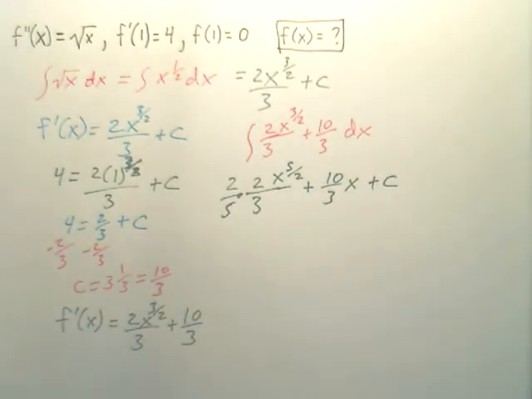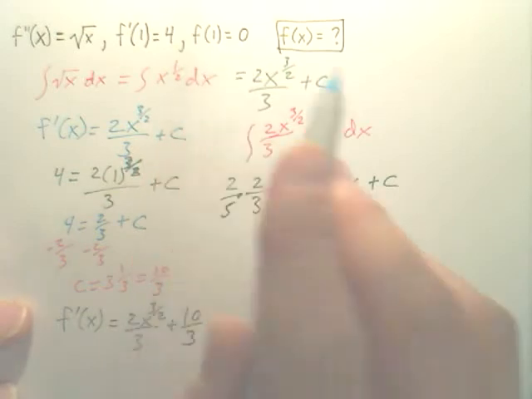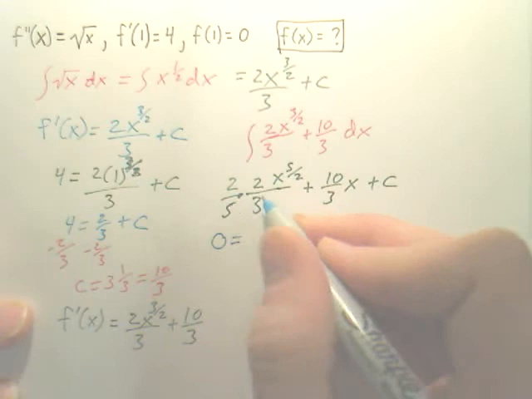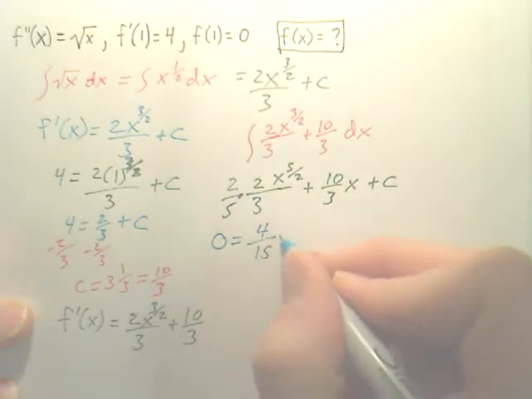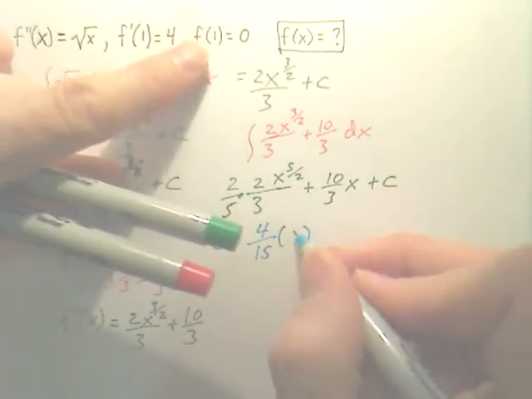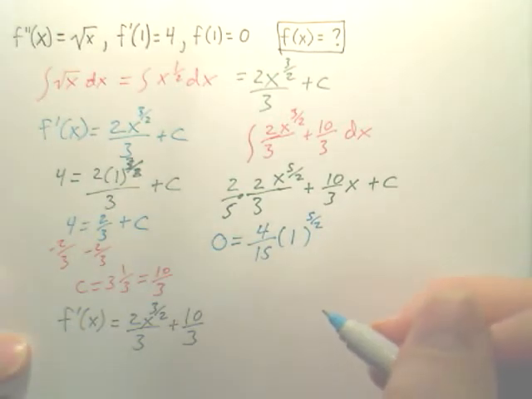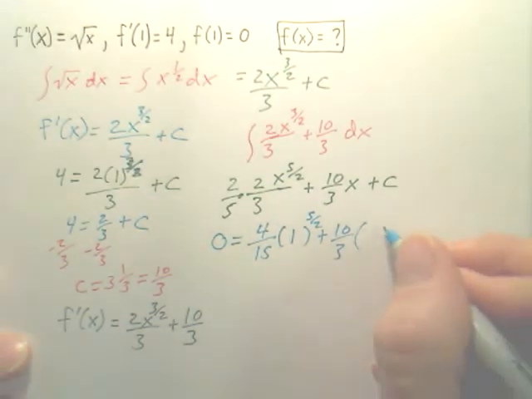That's f of x. But are we asking for a general solution? No, we're asking specifically, here's my information. So technically, 0 is my output, equals this, which is 4/15. And what's x? x is 1 to the 5/2 plus 10/3, and x again is 1, plus c.